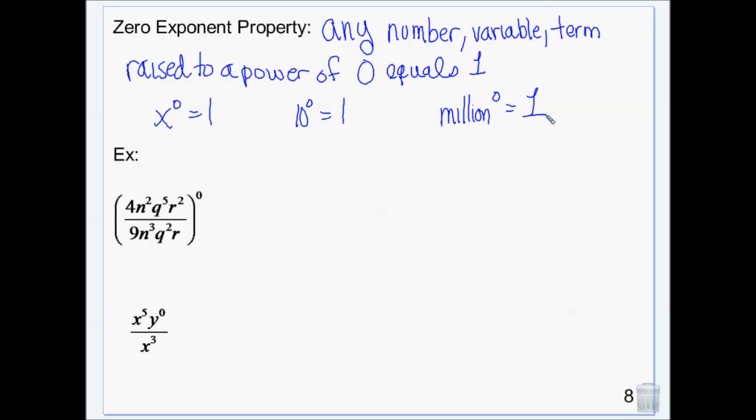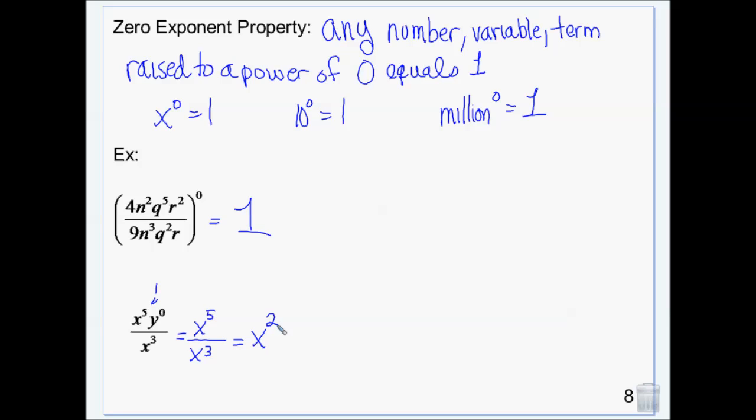So this whole big long thing right here, I raised it to the power of 0, so it equals 1. This y right here to the power of 0 is a 1, so it goes away. Then x to the 5th over x to the 3rd, I'm going to subtract, so that gives me x squared.